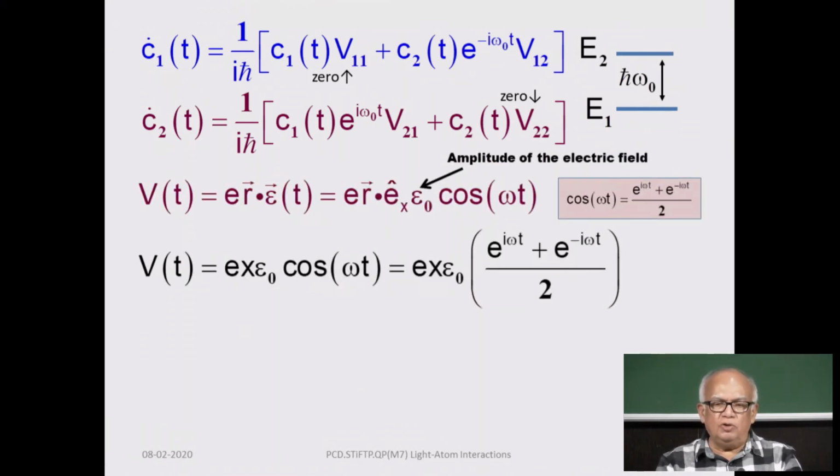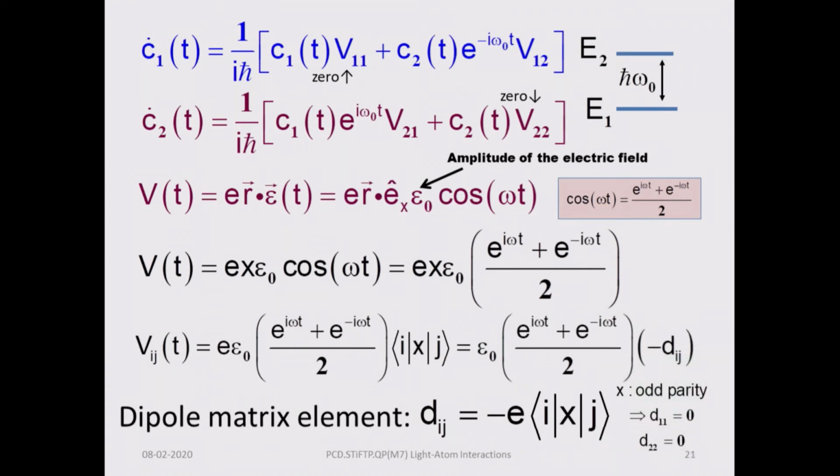So, now you drop those terms, recognize the form of the interaction operator. The cosine term, you write in terms of exponential functions. So, now it gives you an expression for the matrix element Vij, i and j both being 1 and 2, but then V11 is 0, V22 is 0.